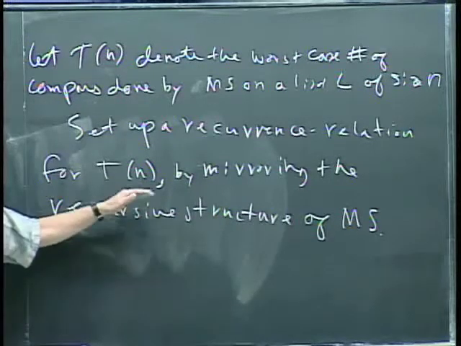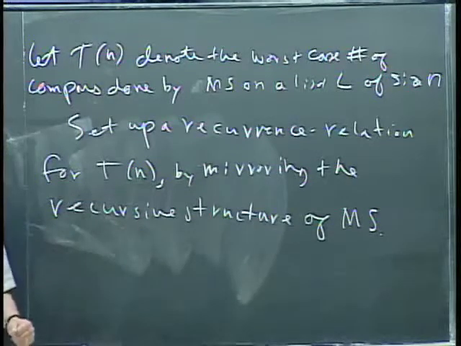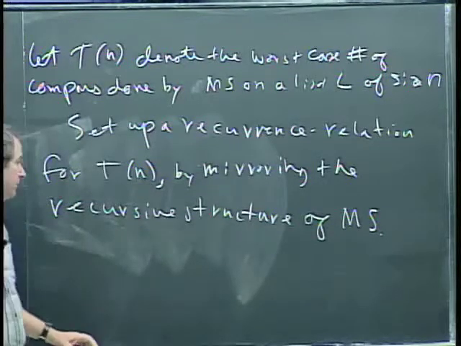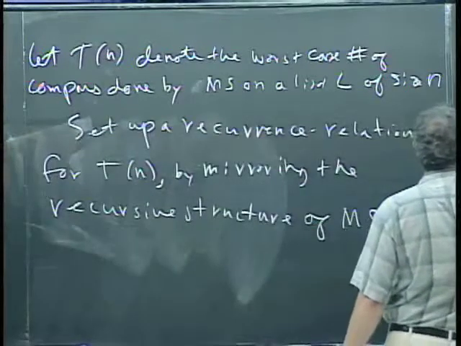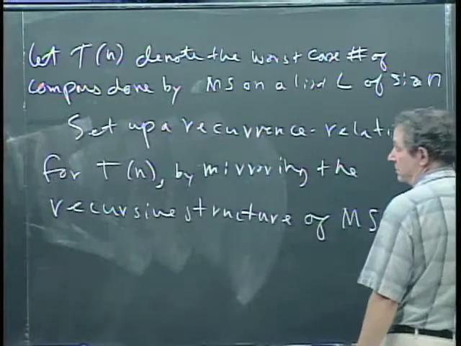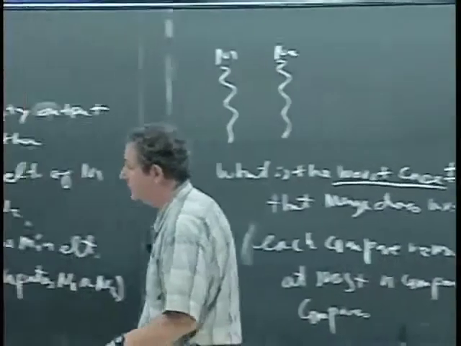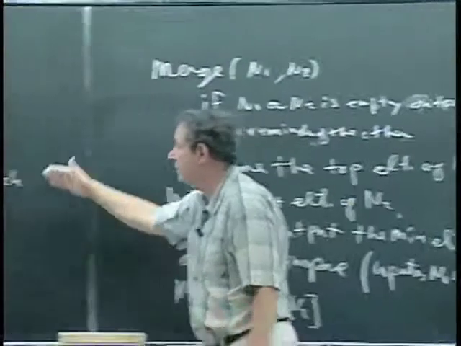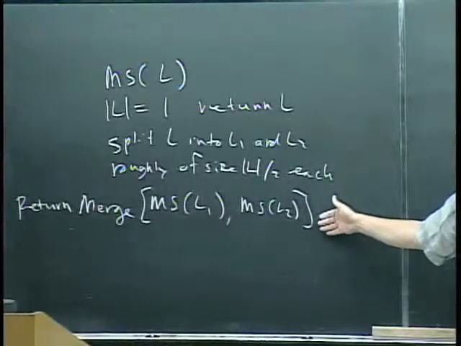So divide and conquer kind of algorithms are relatively straightforward to analyze for their worst case running time. So T of n equals, well, I said in order to set up the recurrence relation, we have to mirror the recursive structure of the program, or of the algorithm.